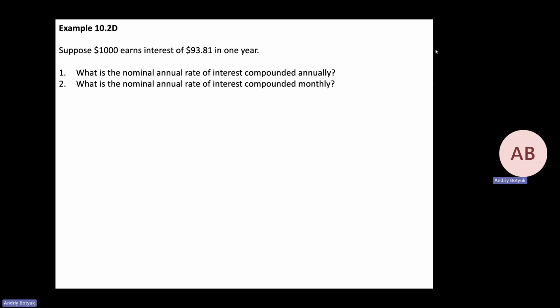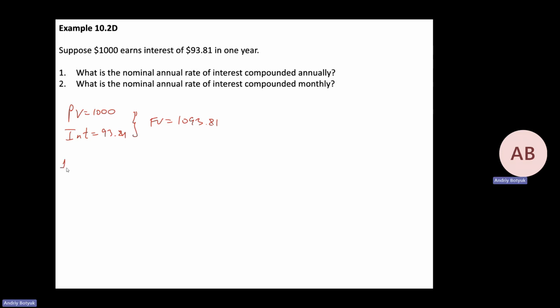Okay, so what do we have? This time we know present value is $1,000 and we have amount of interest 93.81. So what is possible? Possible is to calculate future value. Yes or no? Yes.